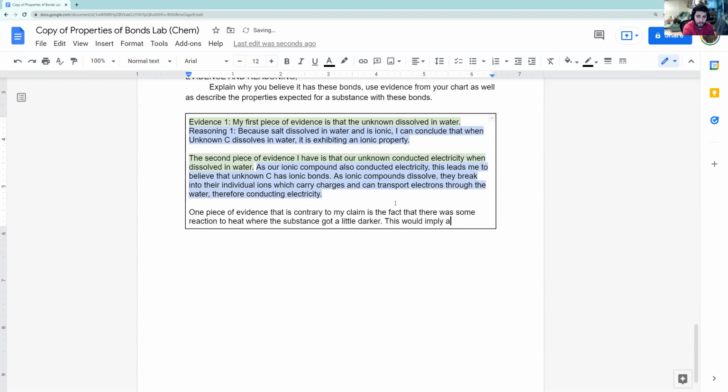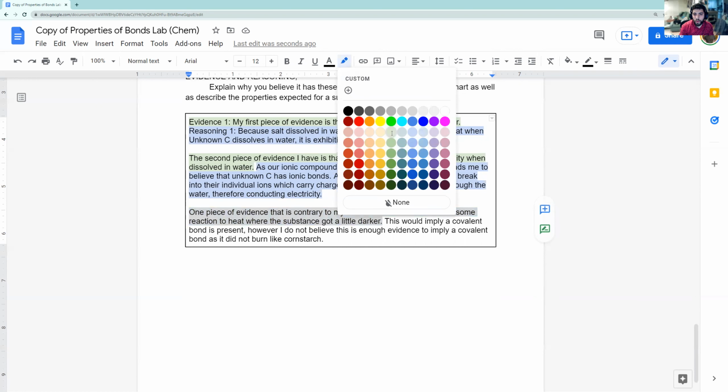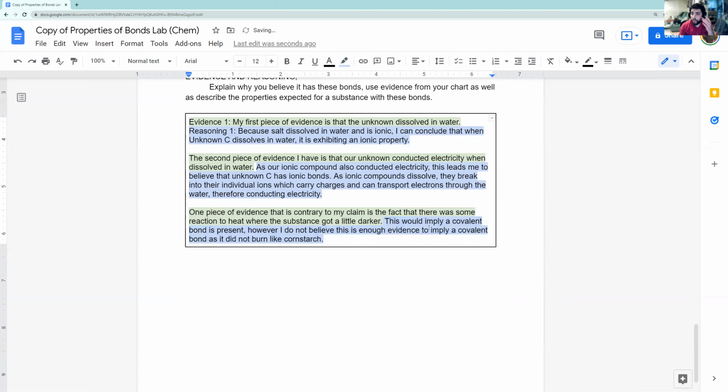This would imply a covalent bond is present. However, I do not believe this is enough evidence to imply a covalent bond, as it did not burn like cornstarch. And so now I'm just including a little bit of opposition, mostly to show that I'm not just ignoring facts. It shows that I'm considering all angles.